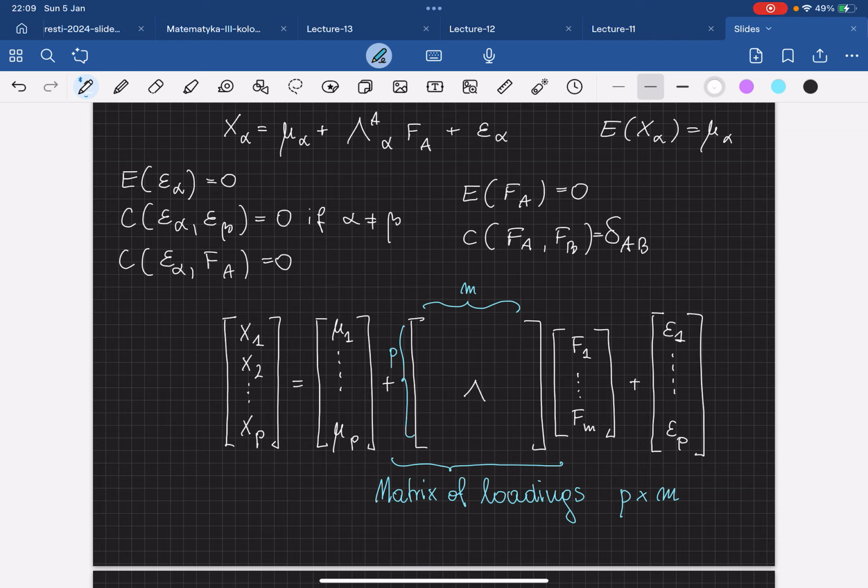Other names that one can encounter in the literature: factors are sometimes called common factors, and those epsilons are called specific factors. That means that all those x's can be divided into the part which is common and the part which is specific. So this common part somehow summarizes all those x's together, and the error is specific to each variable.